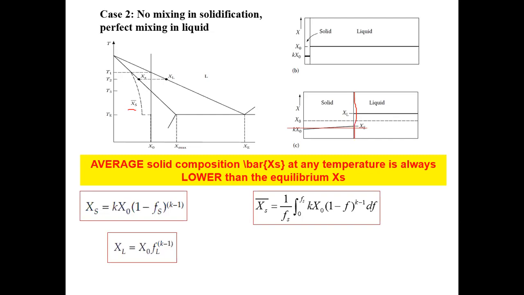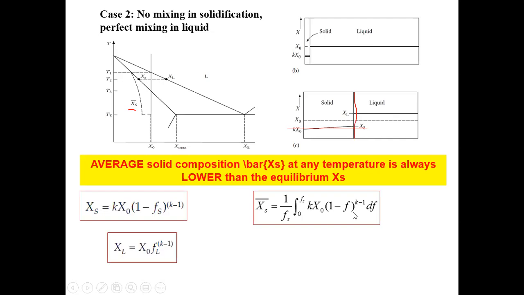Again, because in the solid I now have a non-equilibrium distribution, I just want to see on average what the composition in the solid is. So I add together all of the solutes at different slabs, and I divide by the total length of the whole slab. In this case, I get the average composition. Because this is an explicit function, the integration is very straightforward. This is 1 minus f, and this is constant, with the power k minus 1.